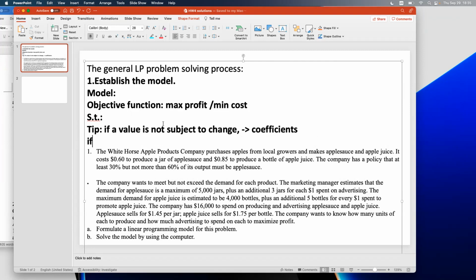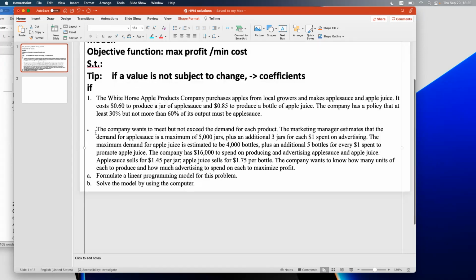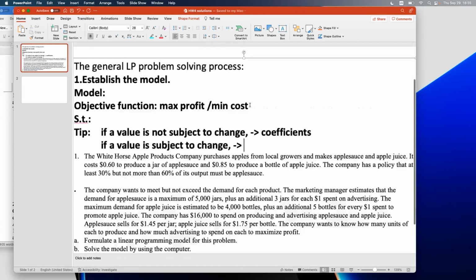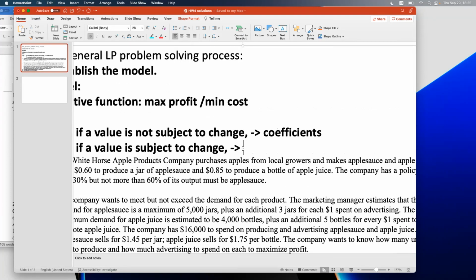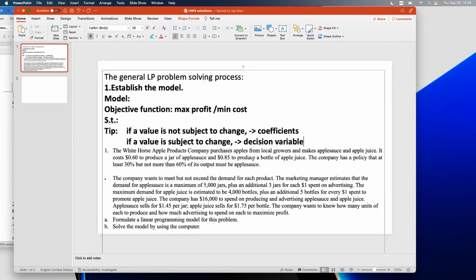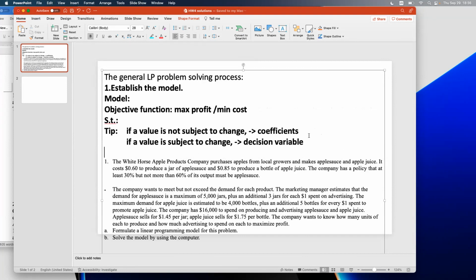And if a value is subject to change, usually, not always, but usually, that's the decision variable.